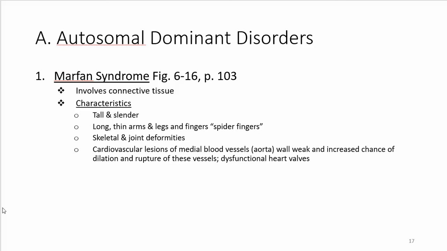An example of this is Marfan syndrome. We could get into the biochemistry of it all, but we won't. They end up having a problem with the way they make collagen and its connective tissue.